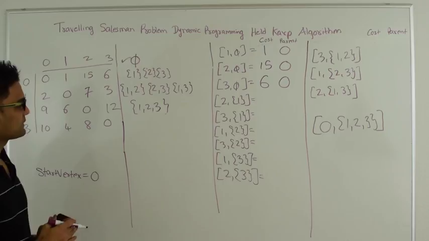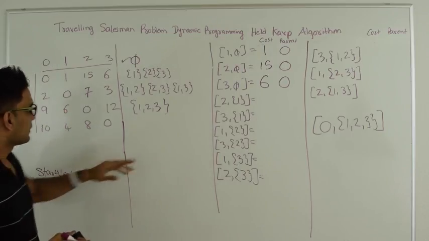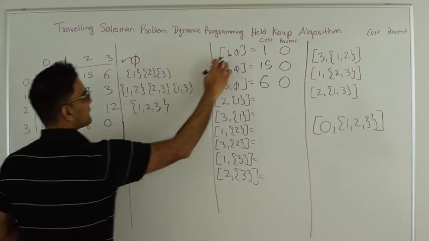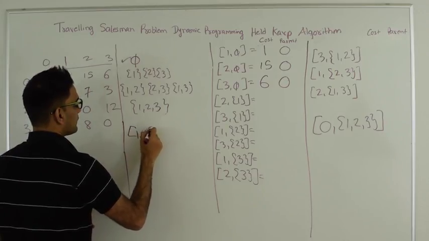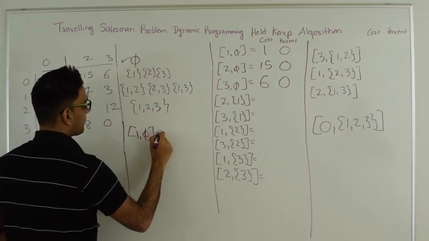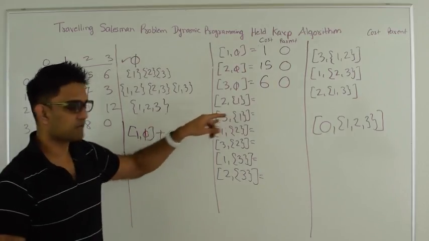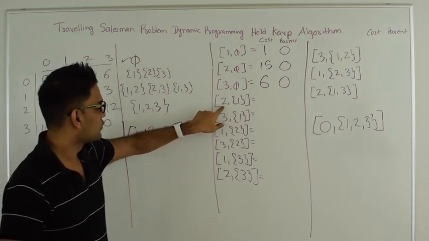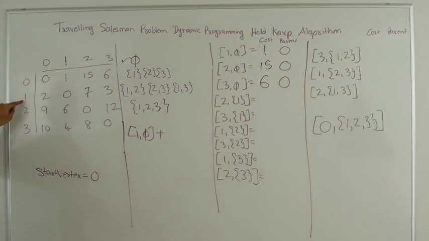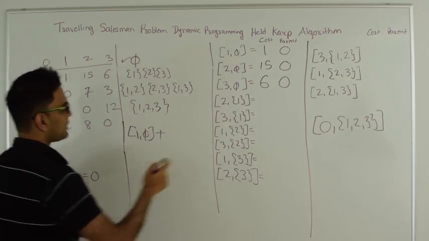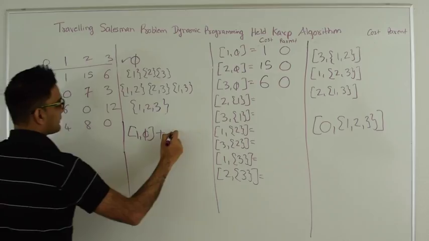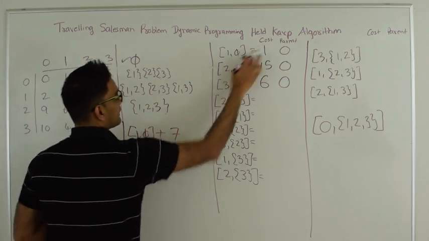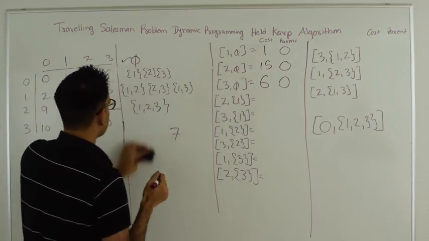We already know the minimum cost to reach 1 from 0, which is this value, 1 with the empty set, plus whatever is the value to reach 2 from 1, which is 1 to 2, which is 7. So this value here is 1 plus 7, which is 8.